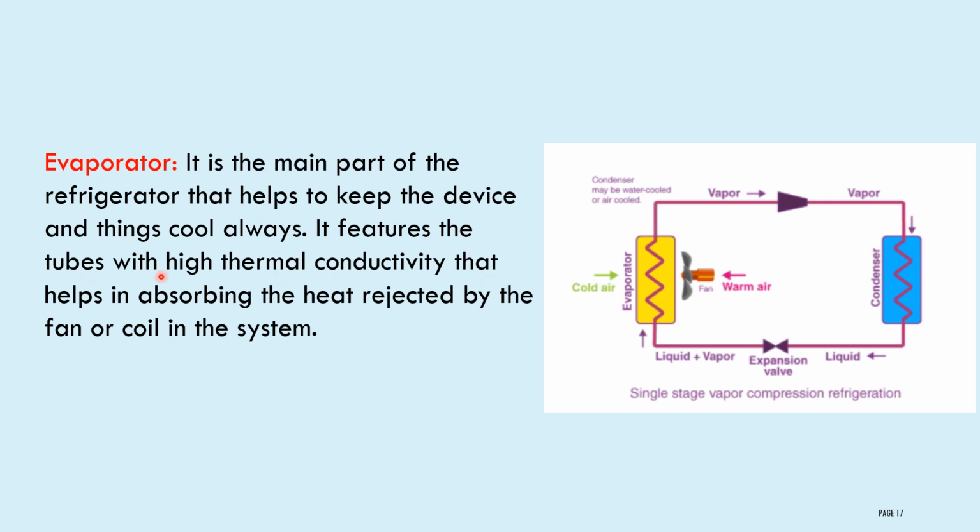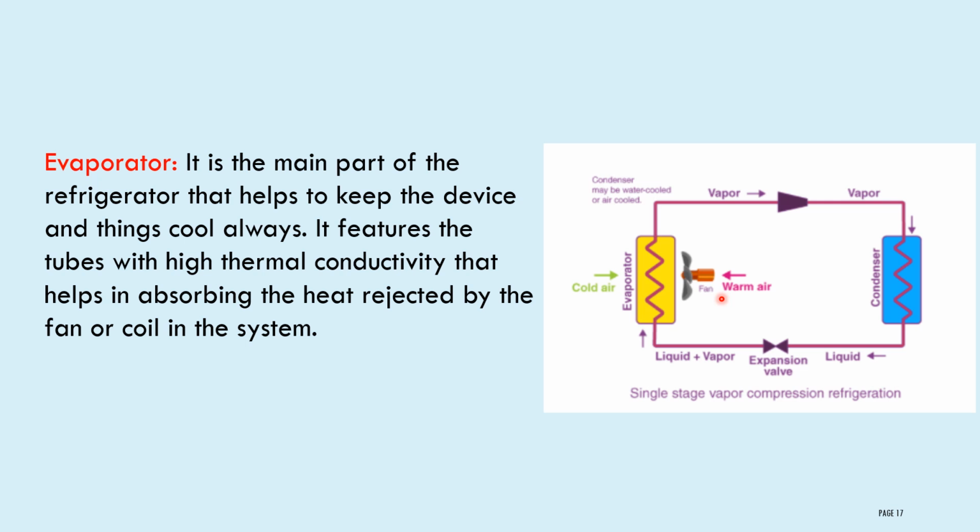It features a tube with high thermal conductivity. This tube possesses high thermal conductivity. It will absorb a high amount of heat, which helps in absorbing the heat rejected by the fan or coil in the system. Inside the refrigerator you can see the fan or coil. With the help of this fan or coil, the excess heat will be rejected.